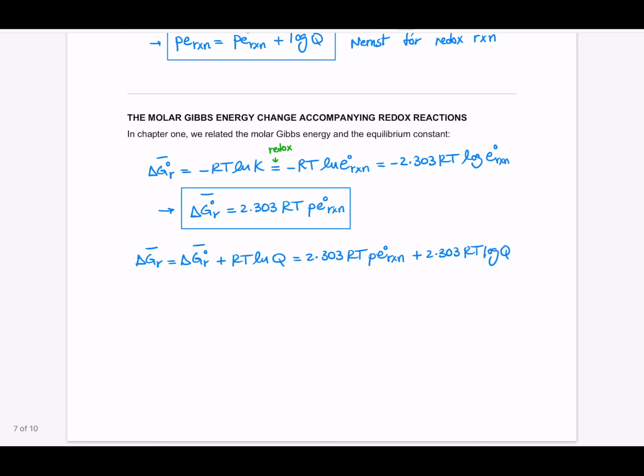We can now rearrange it a little bit. Then this would be 2.303 RT times PE0 of reaction plus log Q. And as you can guess, this is basically equal to this guy, 2.303 RT PE of reaction.